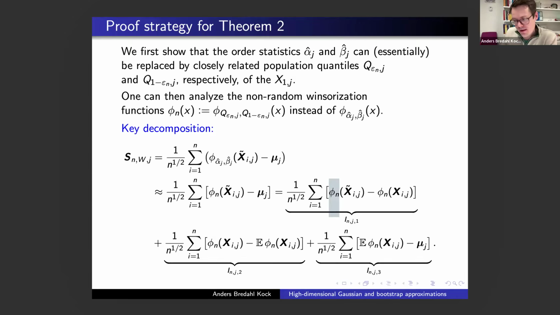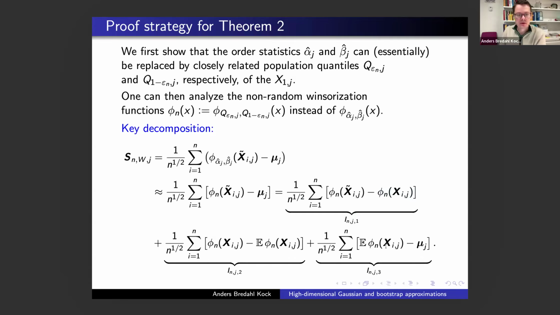Furthermore, recall, we also only allow a fraction of at most eta bar of the data to be contaminated. That is, at most eta n times n of these summands differ from 0. So it's conceivable that I can show, under the assumptions I've given you in the previous slide, that this term here is sufficiently small.